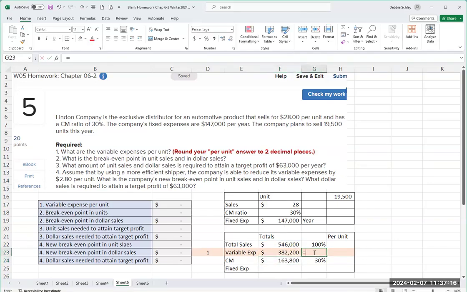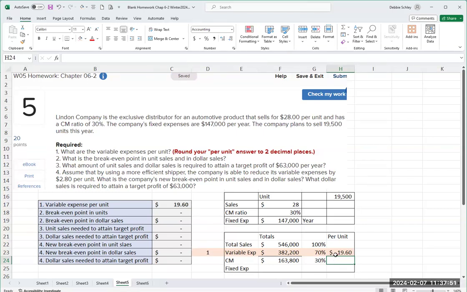And the other thing is I know that variable expense is going to be 70%, right? Because variable expense and contribution margin together add up to the sales, that 100%. So then my per unit, I would take my total variable divided by the number of units, giving me my per unit.